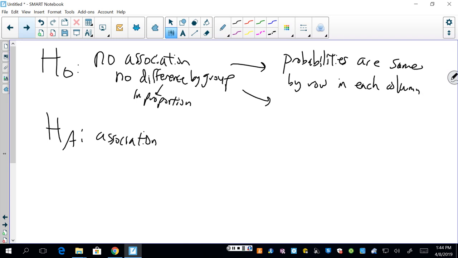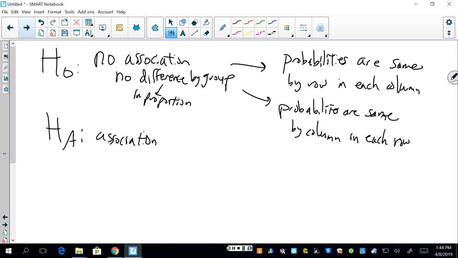Or you might view it the other way, where the probabilities can be the same by column in each row. So the percentage of people that have each genetic type is the same, no matter whether you're a sprint athlete or an endurance athlete or a control. So we're going to use our sample data to calculate that, and then calculate how many we would expect under the null hypothesis. So we calculate an expected number.